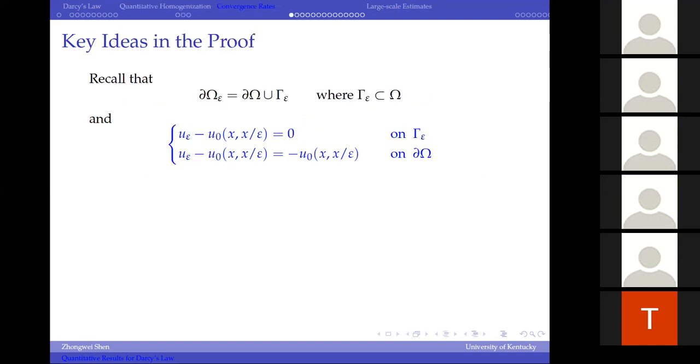Okay, so I will mention several ideas in the proof of this theorem, particularly the construction of two correctors to handle the discrepancy between the boundary value of u_epsilon and the boundary value of the leading term on the boundary of omega.